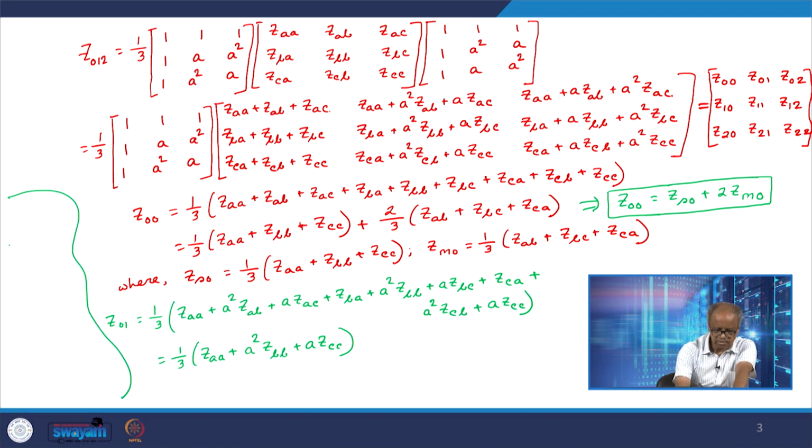If I combine A square ZAB plus ZBA, that is equal to A square ZAB plus ZAB, because this impedance matrix is symmetrical. So that means it is 1 plus A square into ZAB, which is equal to minus A ZAB, as we know that 1 plus A square plus A is equal to 0.